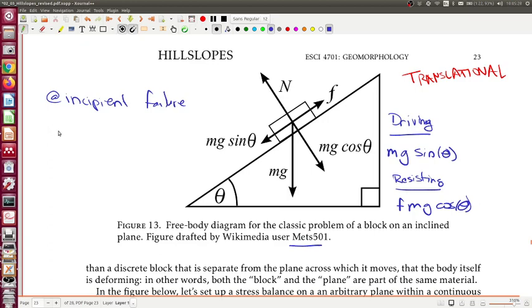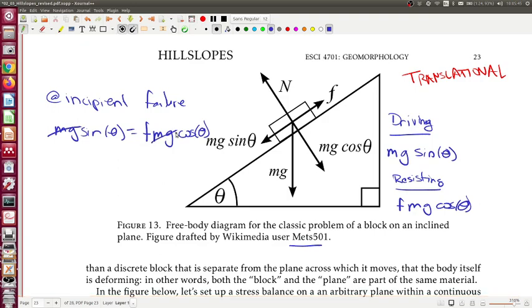we can say that the driving forces, mg sine theta, are going to equal the resisting forces, so friction times mg cos theta. And because we have mg on both sides, the mass of the block cancels out.